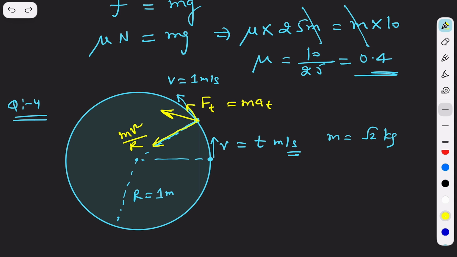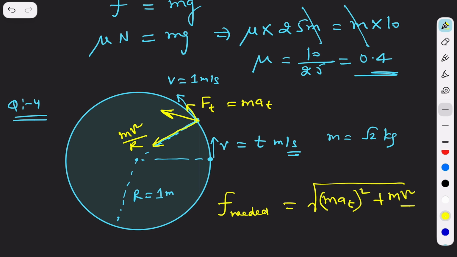Just calculate this force, and that would be equal to your resultant force that is needed. So F needed will be equal to under root of (m a_t) whole square plus (mv square by r) whole square.